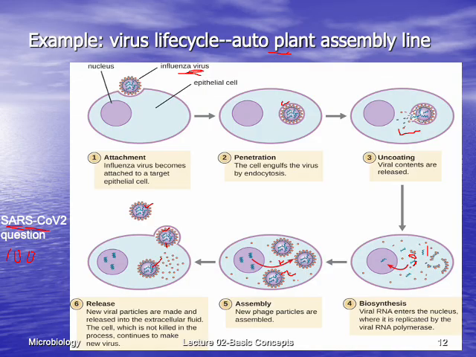1,000. So theoretically, one baby SARS-CoV-2 virus enters a respiratory cell, takes over, all the parts are reproduced, the parts come together, 1,000 new ones come out. All right, think about that. That's why you get sick pretty fast, right?